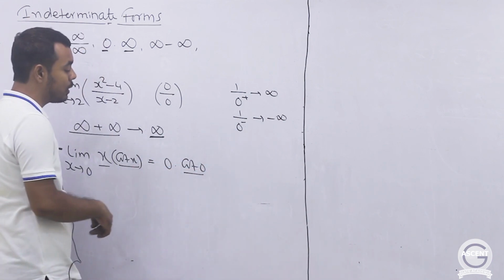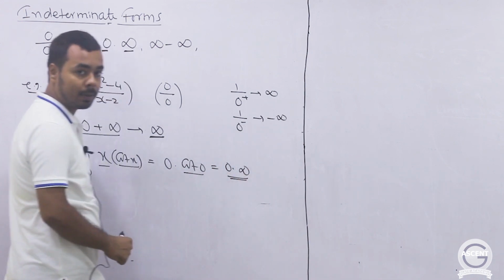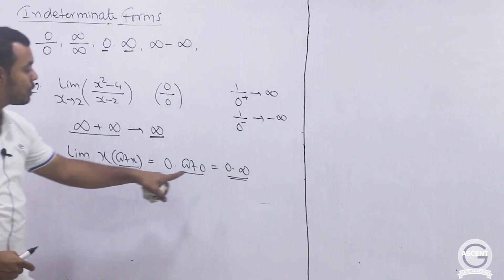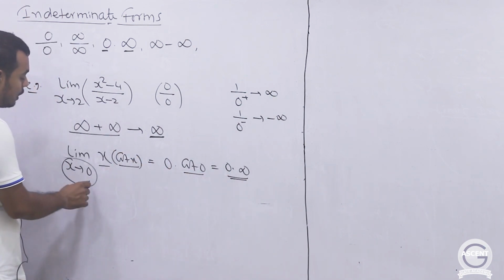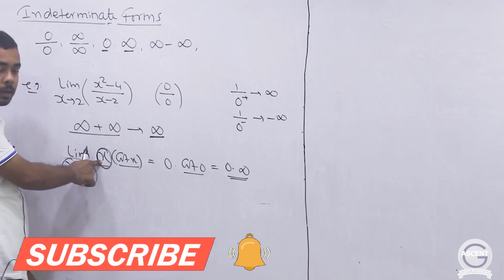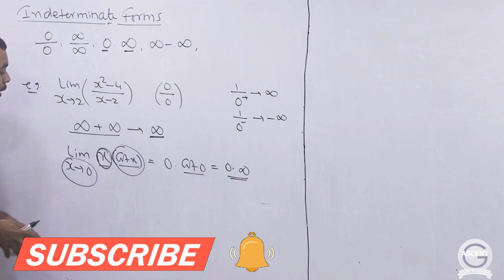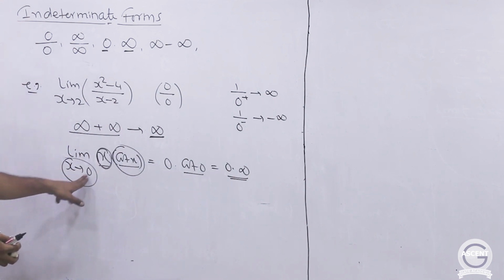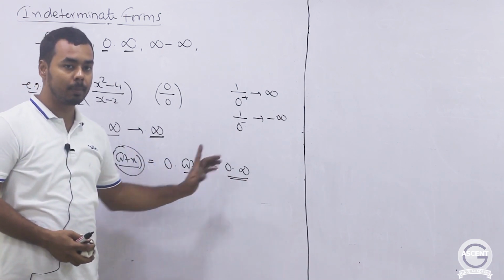Now cot 0 means cos 0 by sin 0. So this will become the 0 into infinity indeterminate form. Now remember that this is not exactly equal to 0. If I write x tending to 0, it means this is approaching 0, very close to 0 but not exactly equal to 0, and similarly the other part is approaching infinity. So this limit x tending to 0 of x into cot x is a 0 into infinity indeterminate form.